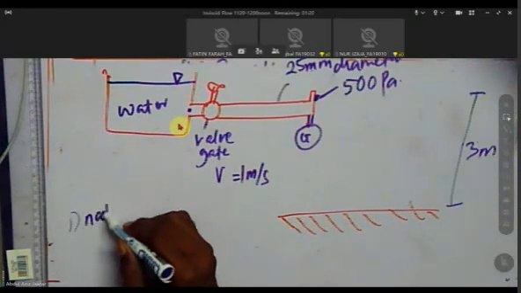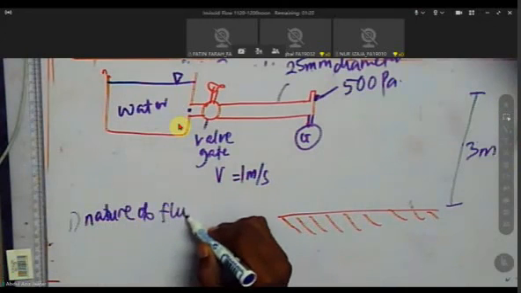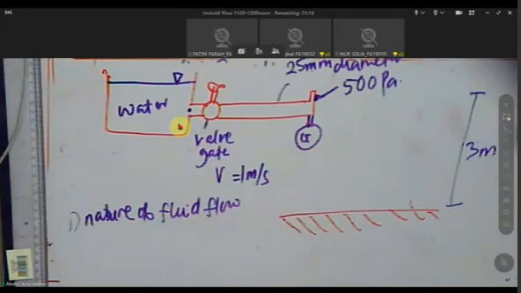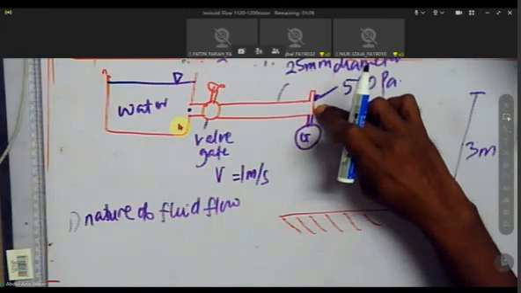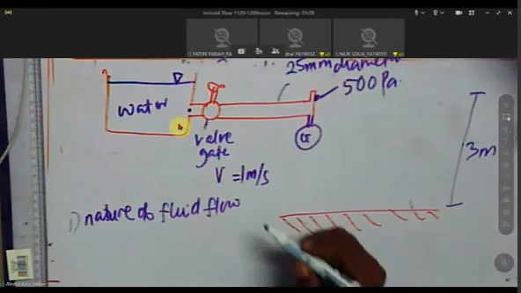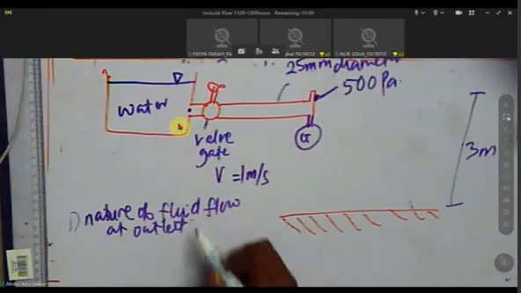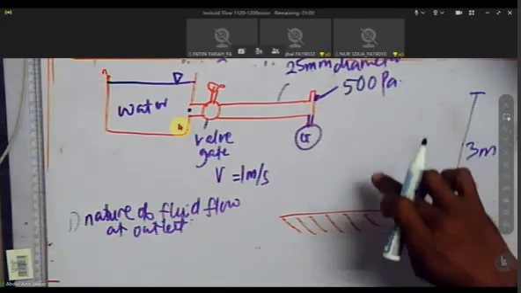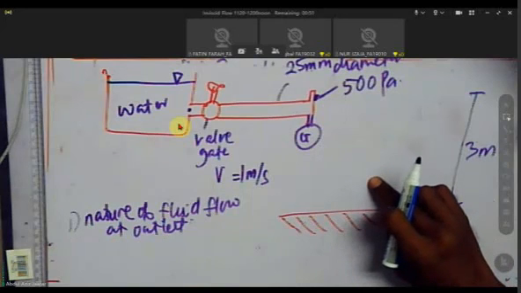What is the nature of the fluid flow at the outlet, before it is exposed to the surroundings?